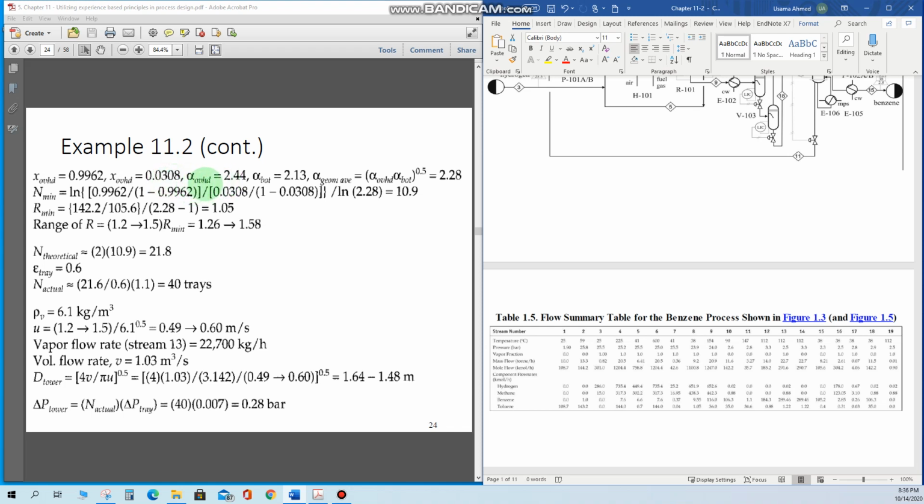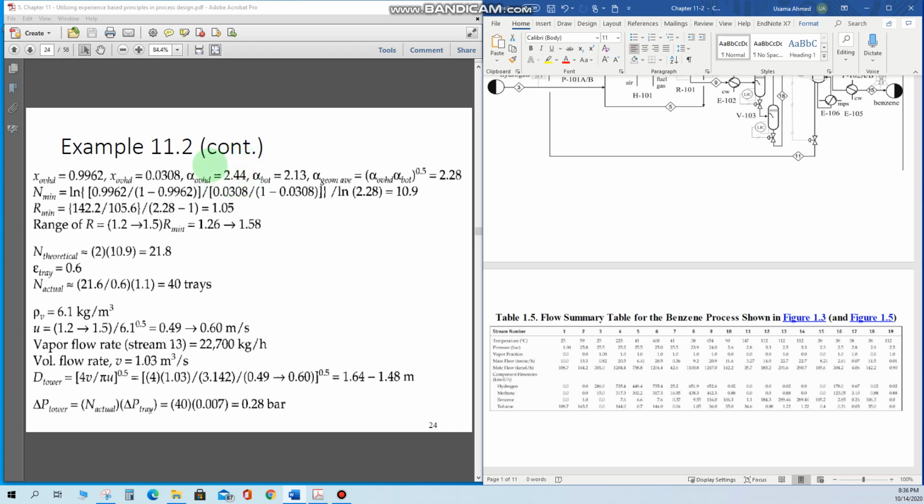Now, alpha in the overhead and alpha in the bottom, you have to study this in the stage-wise distillation course, where you can see how to use the Antoine equations to get the value for the vapor fraction, and then take the ratio of the vapor fraction of the light key and the heavy key.